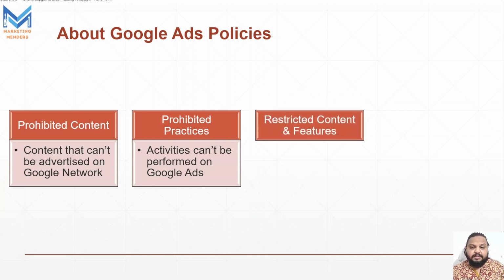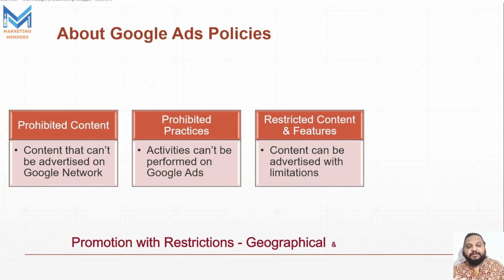Number 3, restricted content and features. These are content types which you can promote for your business, but there are certain restrictions as per different geographical locations. For example, in some countries gambling is legal. So if you are running a Google ad campaign to promote your newly opened casino, that will be allowed in that country, but it will not be allowed in any other country where it is not legal.